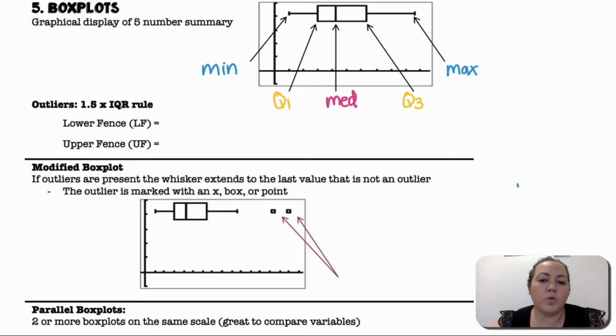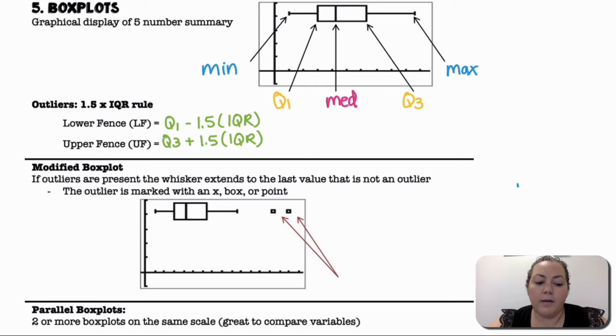But one of the rules we use in AP Stats is the 1.5 times the IQR rule. So we're going to find out where our fences are, and then anything that lies outside of those fences would be considered an outlier. For our lower fence, we do quartile 1 minus 1.5 times the IQR. For our upper fence, it's quartile 3 plus 1.5 times the IQR.